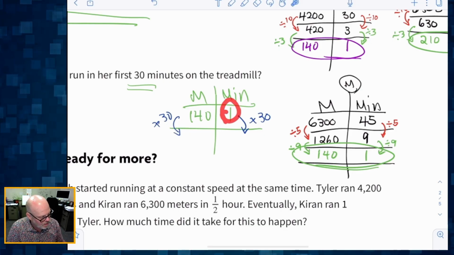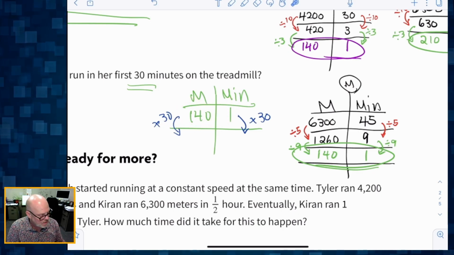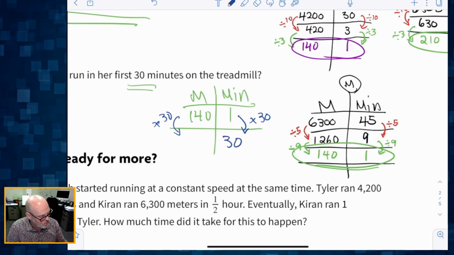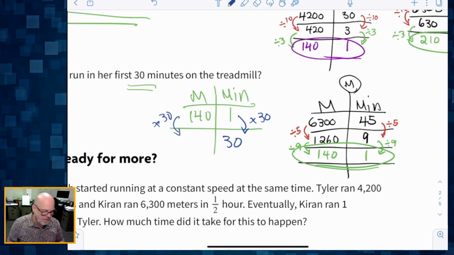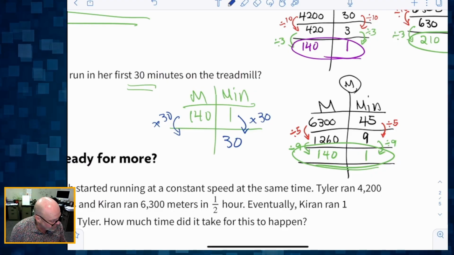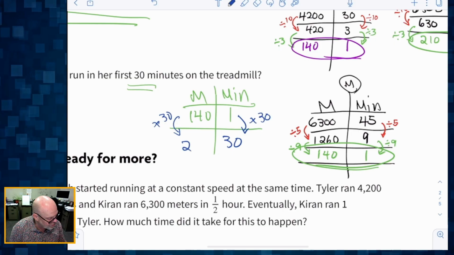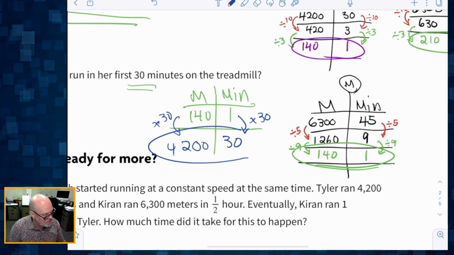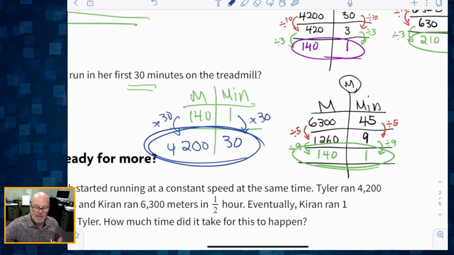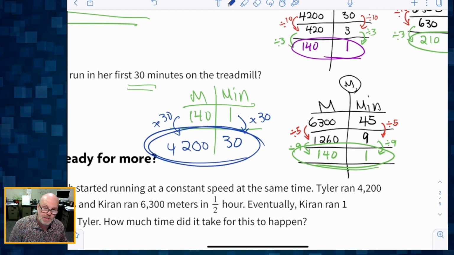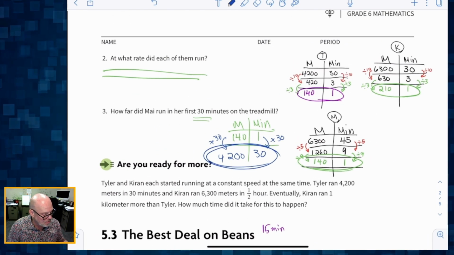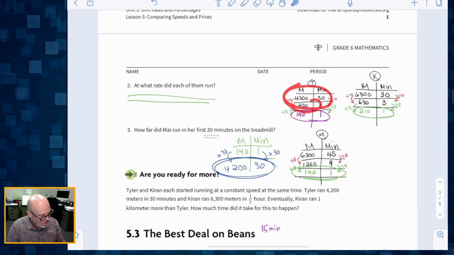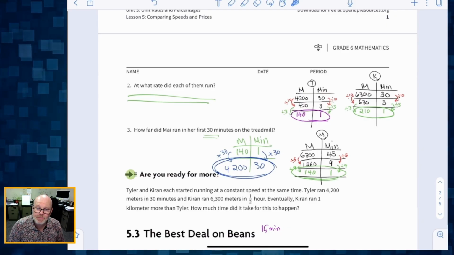Because this says in 1 minute she can travel this far. So we multiply 140 times 30. And I know, let's see, 3 times 4 is 12. Carry the 1. 4, and then stick on 2 zeros. So in 30 minutes, she can run 4,200 meters, which happens to be exactly what Tyler did in his time.